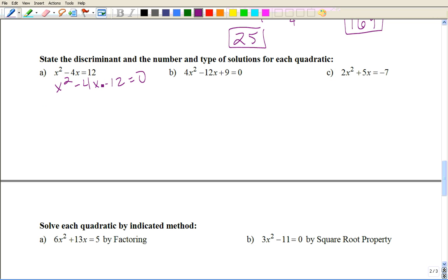So b squared is negative 4 squared, which is 16, minus 4 times a, which is 1, times c, which is negative 12. That is equal to 16 plus 48, which is 64. So there's the discriminant. And because it is positive, greater than 0, that means we have 2 real solutions.